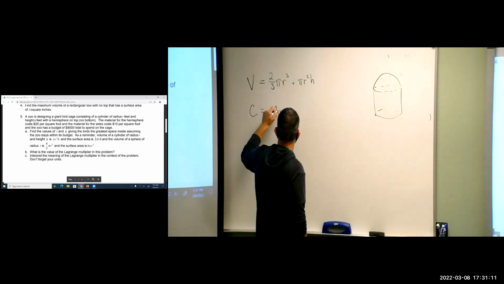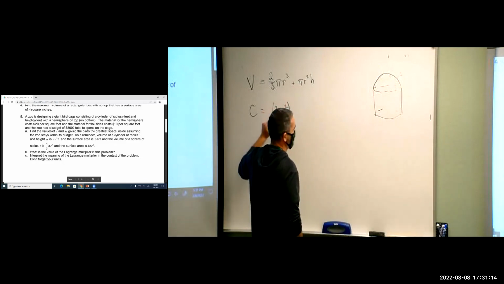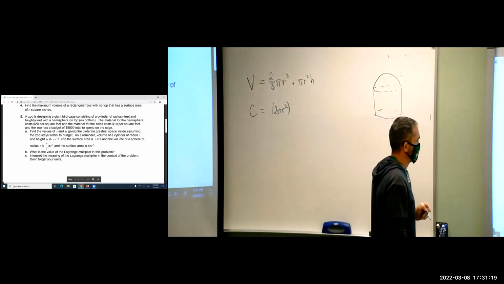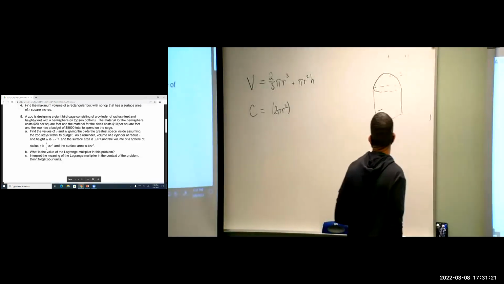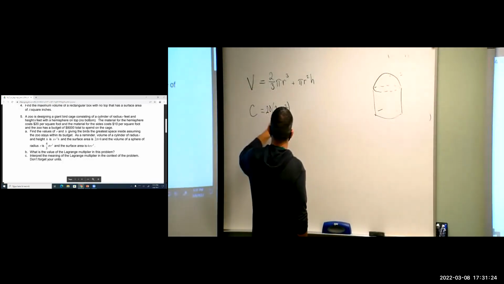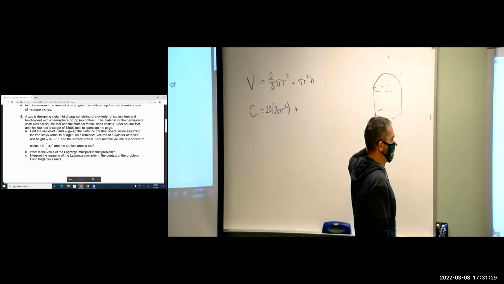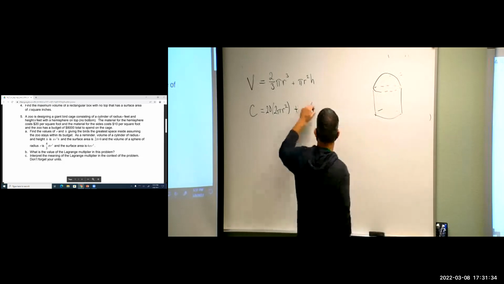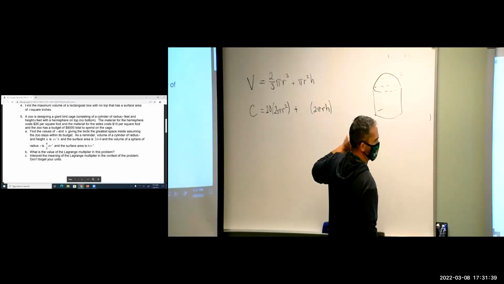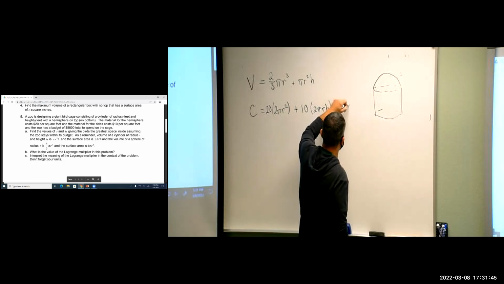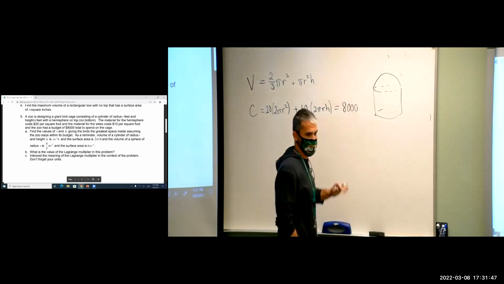So 2 pi r squared takes care of the hemisphere, but the cost for that material is $20 per square foot, so times 20. And we're going to do the same thing for the cylinder. The lateral surface area is 2 pi r h, and I believe this was $10 per square foot. And we are going to assume that we use every bit of that budget, which is 8,000. So that's our constraint.